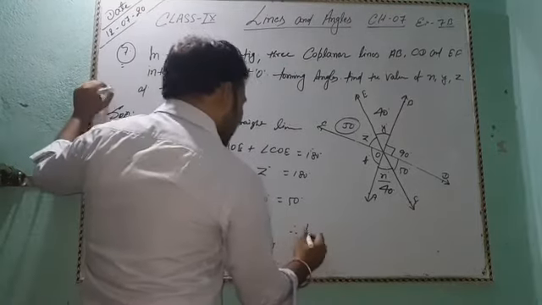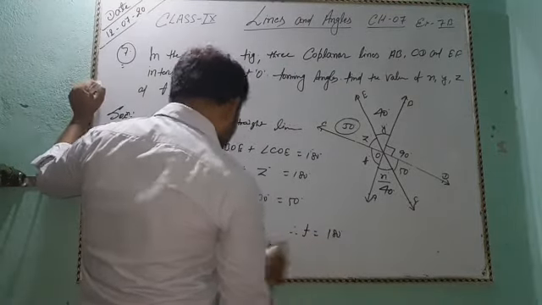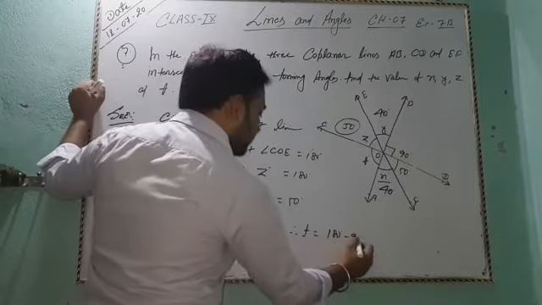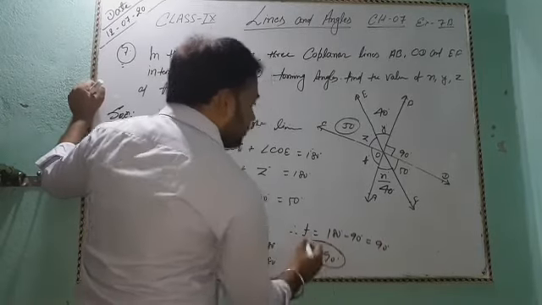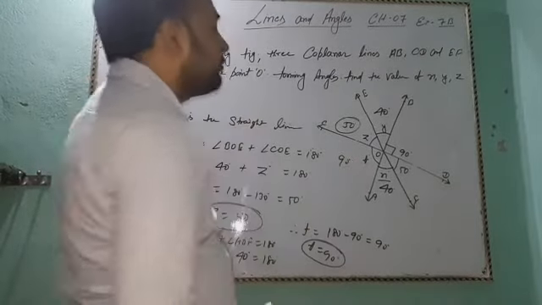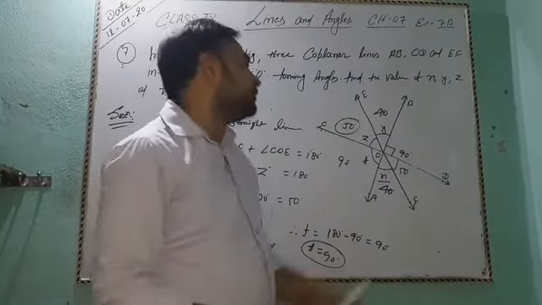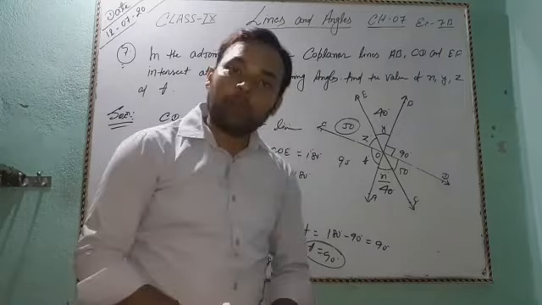So angle T equals 180 minus 90, equals 90 degrees. So the value of T equals 90 degrees. For students, X equals 40 degrees, Y equals 40 degrees, Z equals 50 degrees, and T equals 90 degrees.